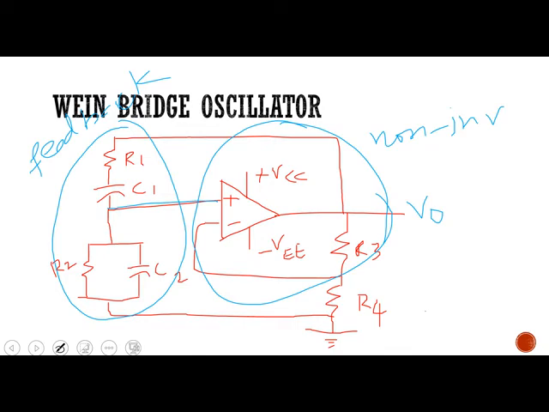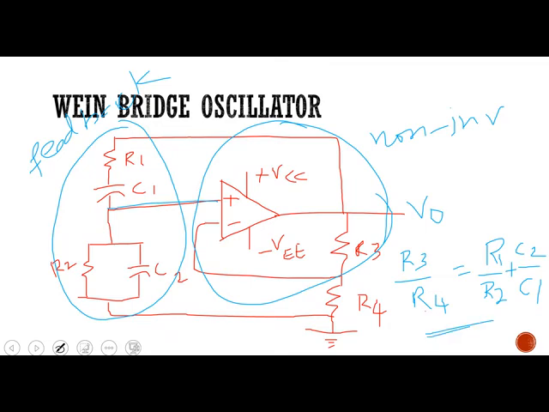So the bridge is balanced when R3 by R4 is equal to R1 by R2 plus C2 by C1.